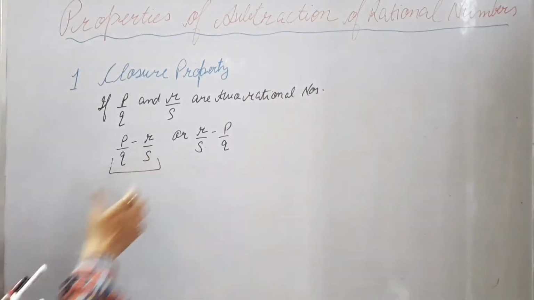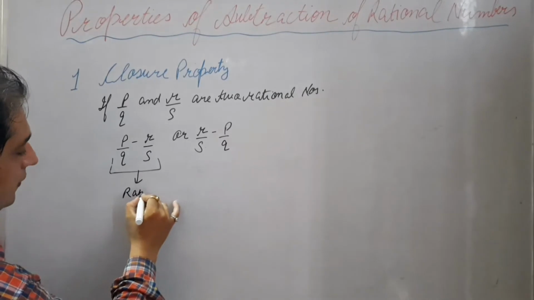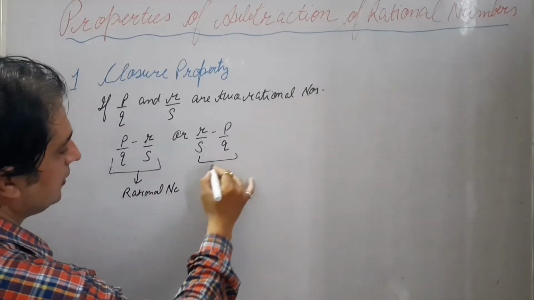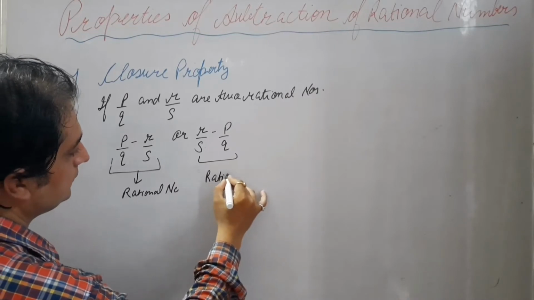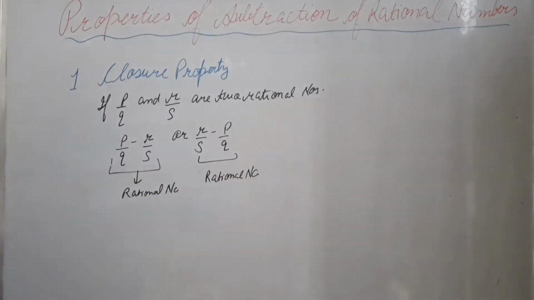The difference is also a rational number. So the difference of two rational numbers is always a rational number.